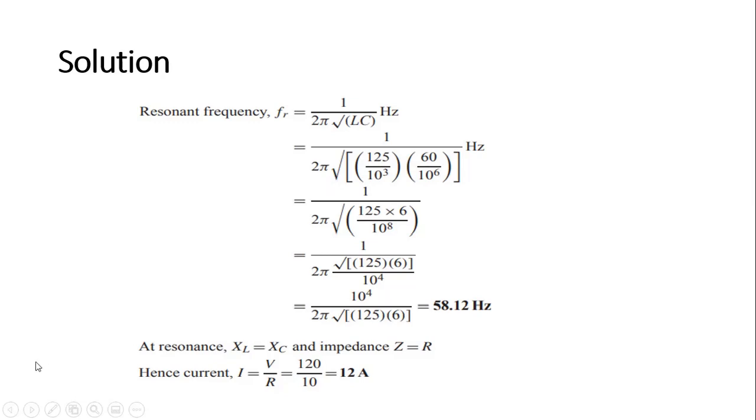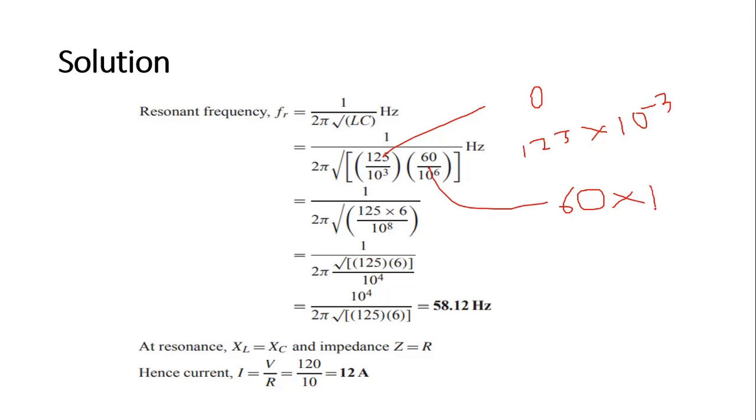You can see this is 125 times 10 raised to power minus 3. So don't confuse yourself. This one is 60 times 10 raised to power minus 6.